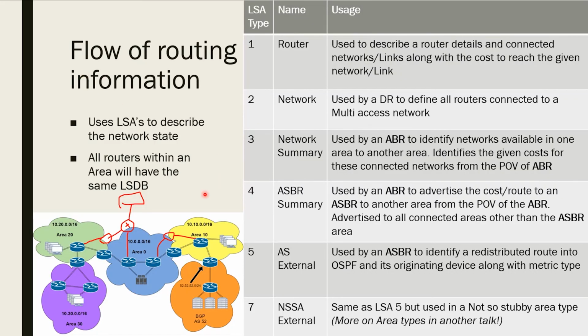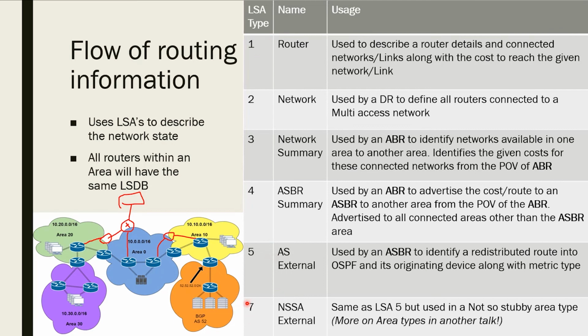Flow of routing information. As I mentioned, there are LSAs inside a network, and apologies, I've added some little extra details onto my diagram just as I was reviewing the presentation a few minutes ago. But in theory, as I mentioned, we have LSAs that are generated by every device, and there are different types of LSAs. This isn't an extensive list. I think there are 15 or 20 different LSAs, I could be wrong. The most relevant ones are types 1 to 5.